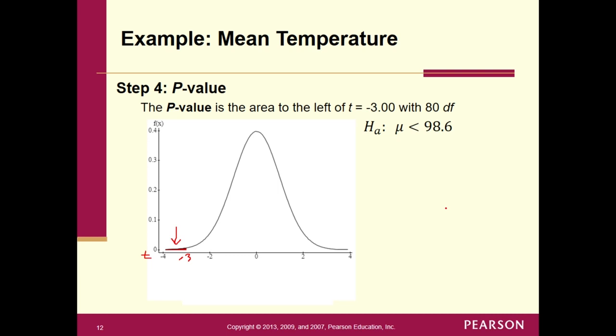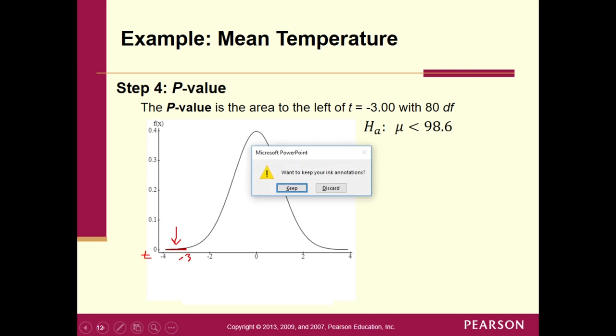So you would go into StatCrunch, and it's fairly simple. Remember, you would go into calculators and find the t-distribution, right? And you know what? Maybe I'll show it to you right here. That wouldn't be a bad idea.